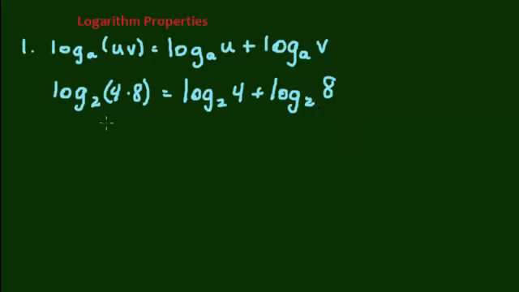And let's say we don't quite believe it, so let's see what this actually equals. Let's look at the left side, see what it equals. We'll work down. Then we're going to look at the right side and see what that equals. Log base 2 of 4 times 8 is 32. Log asks the question, how many powers of my base do I have? And this answer is going to be 5.